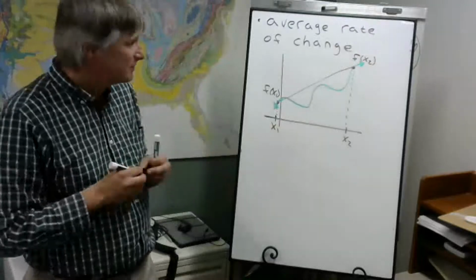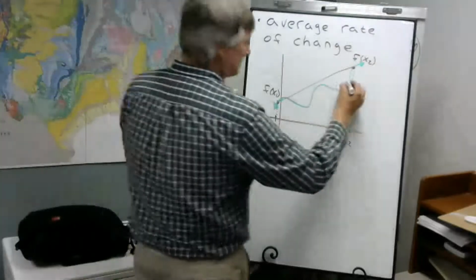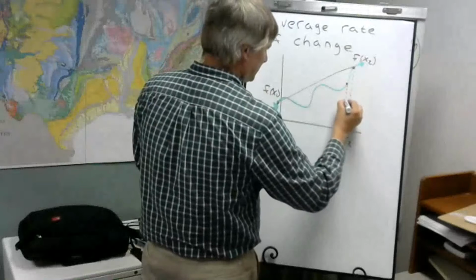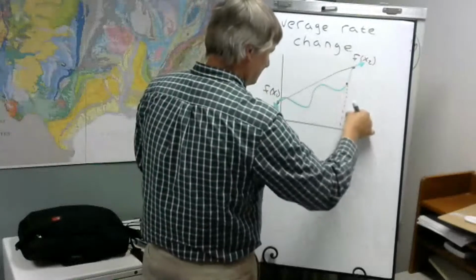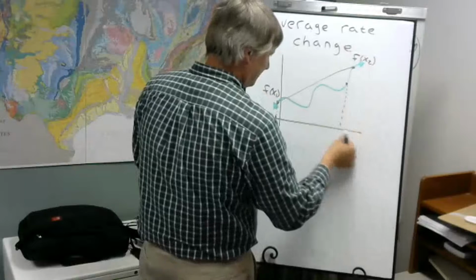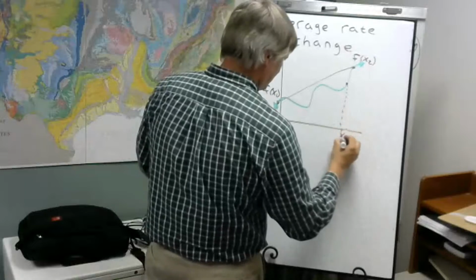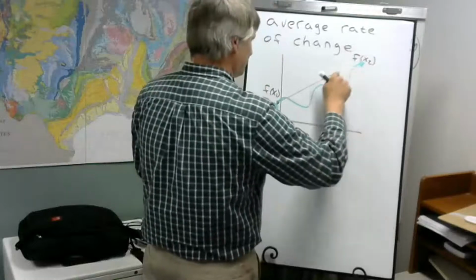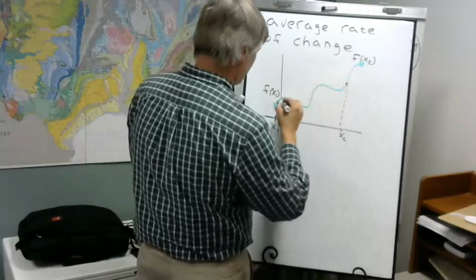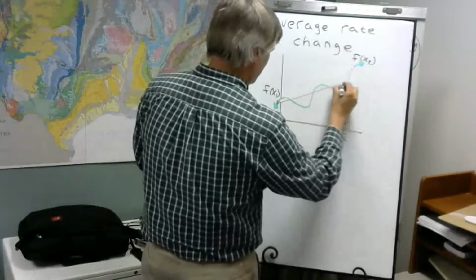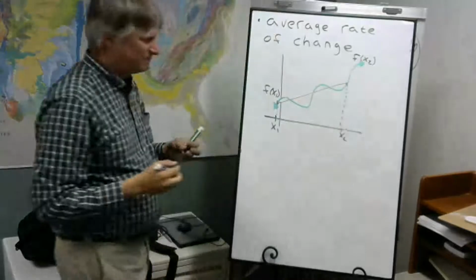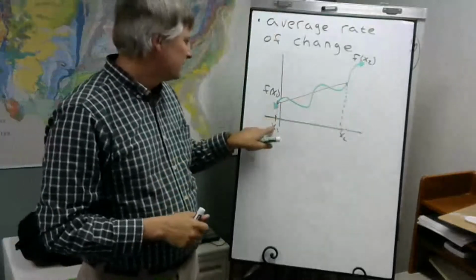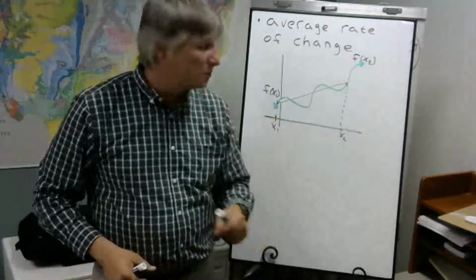Maybe not terribly great. We might try to do a little better. Put x2 over here. That might be a better average between this x1 and that x2.